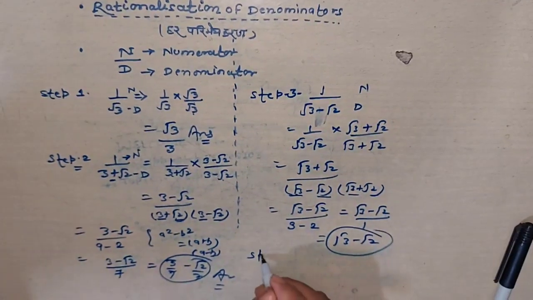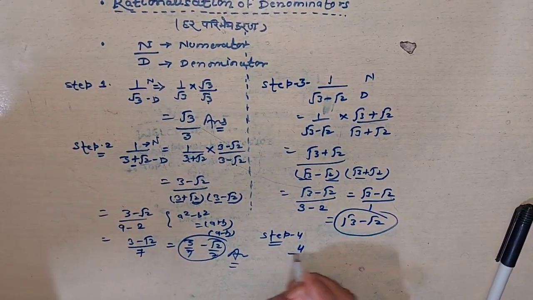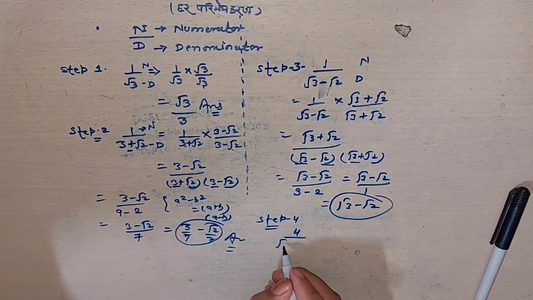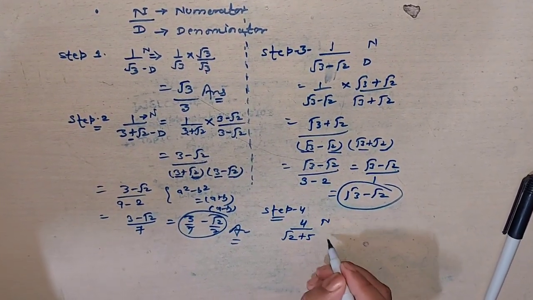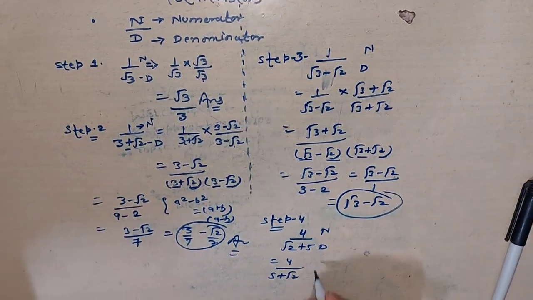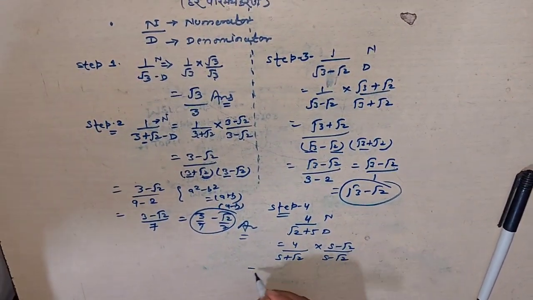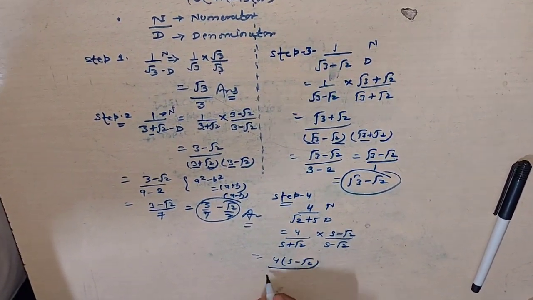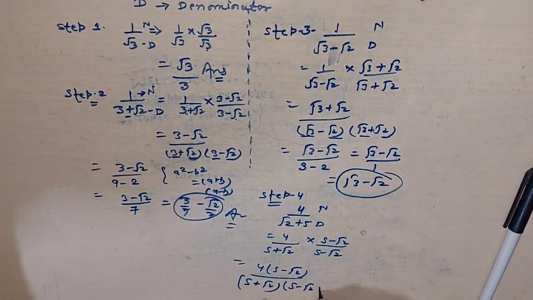Now step 4. The question is 4 upon 5 plus root 2. So here is n and here is d. So 4 by 5 plus root 2, the denominator is 5 plus root 2, so multiply by 5 minus root 2 and 5 minus root 2. Now multiply 4 into 5 minus root 2 by 5 plus root 2 and 5 minus root 2.